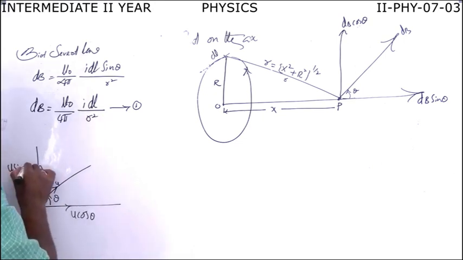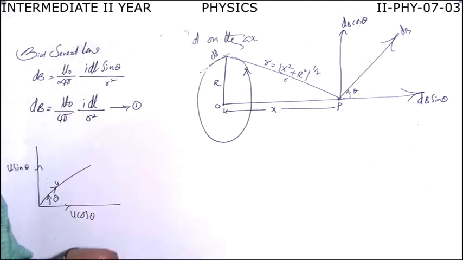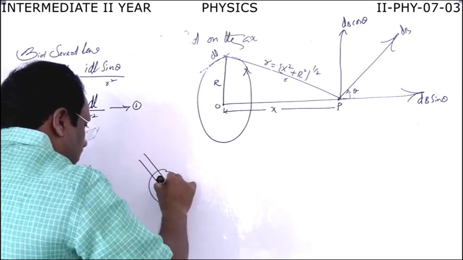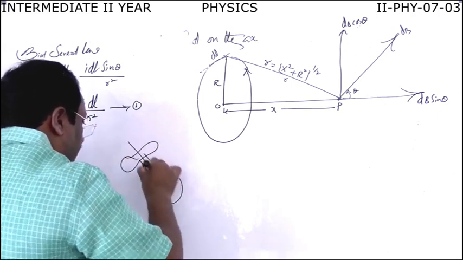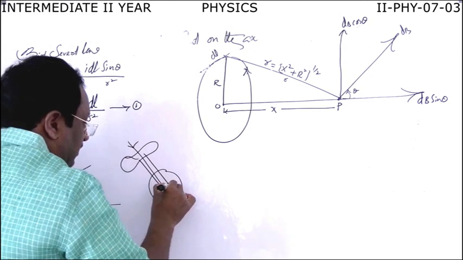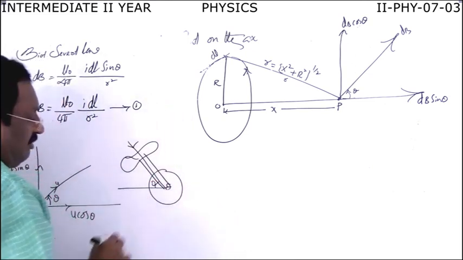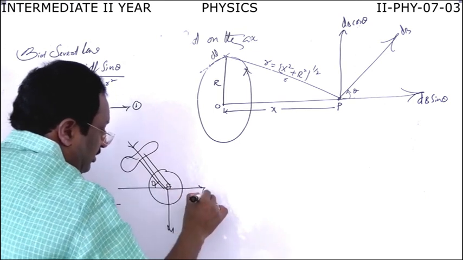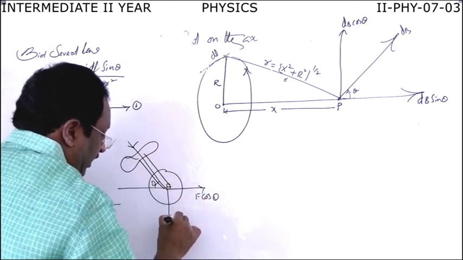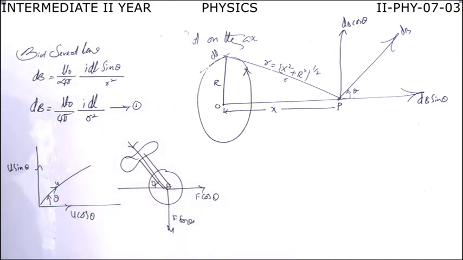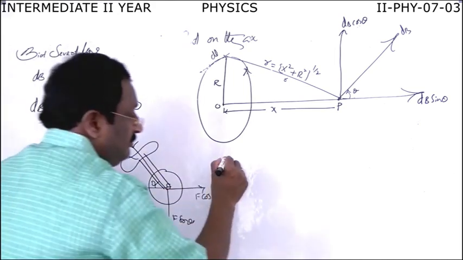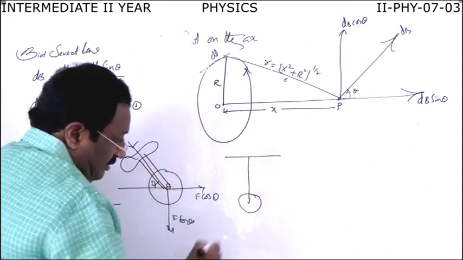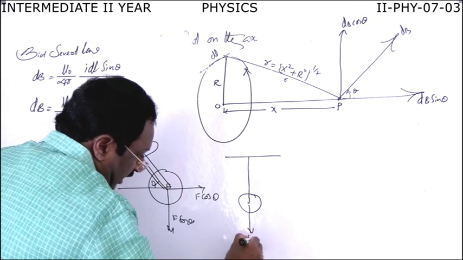In the case of a long roller, while pushing it, the force makes some angle with the horizontal and is resolved into two components, F cos theta and F sin theta. In the case of a simple pendulum, when the pendulum is at the mean point, the weight of the bob acts vertically downward.